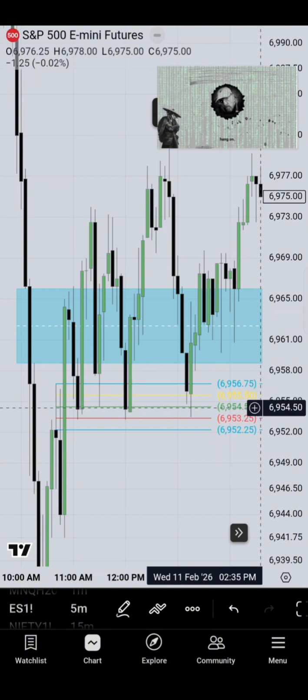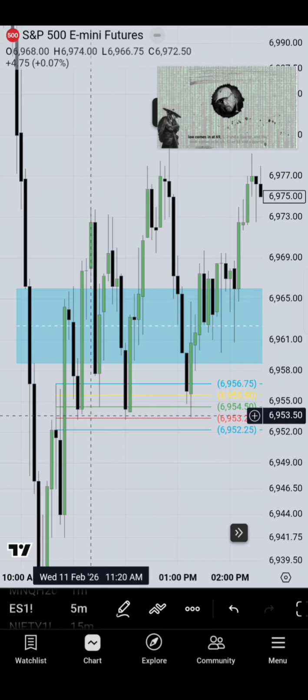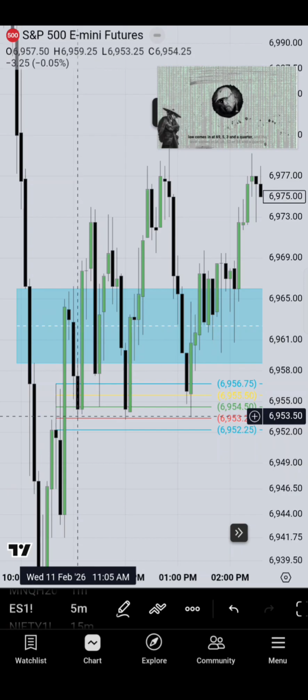Hang on, my eyes are failing me. 69.53.50, I think. The low comes in at 69,553 and a quarter, and the level comes in at 53 or 55 and a quarter. I can't make it out of my text. You can check my math on that on your end.